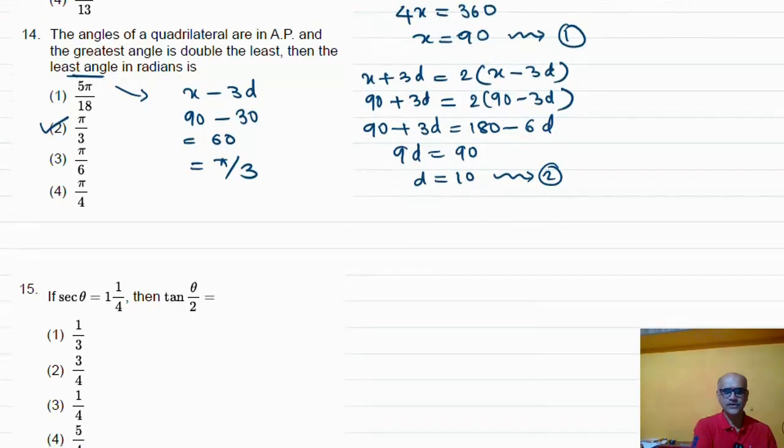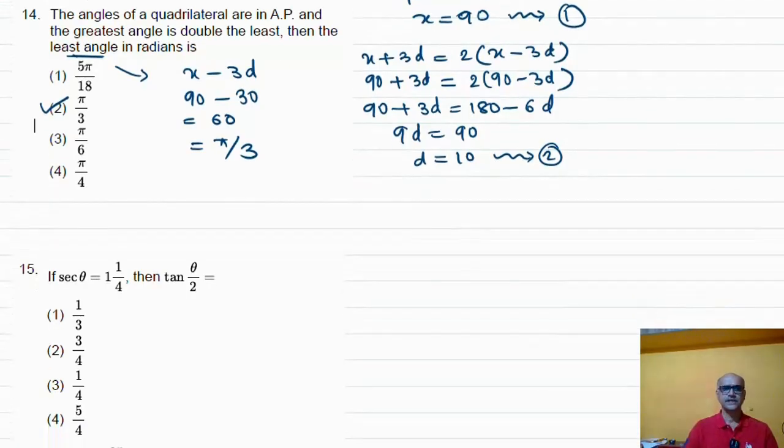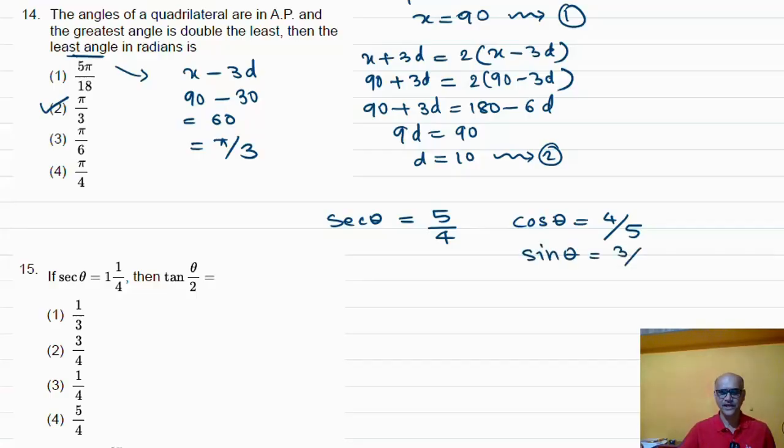Next one, 15th. Secant theta is given. You are required to find tan theta by 2. If I simplify, secant theta is 5 by 4. Taking the reciprocal, cos theta is equal to 4 by 5. From this you can say that sin theta is equal to 3 by 5, because of Pythagorean numbers.